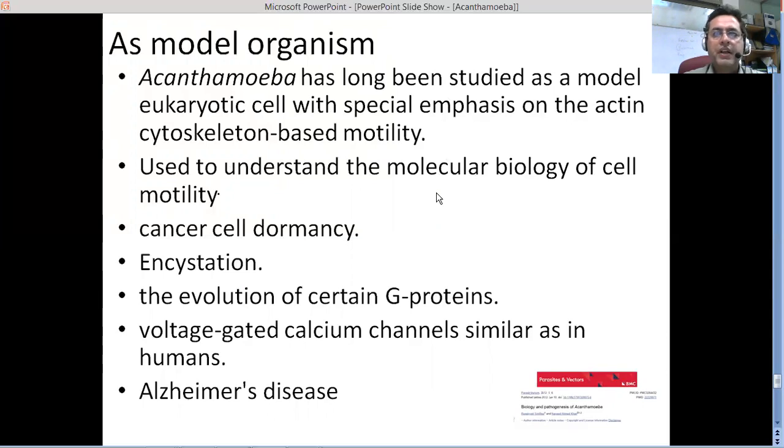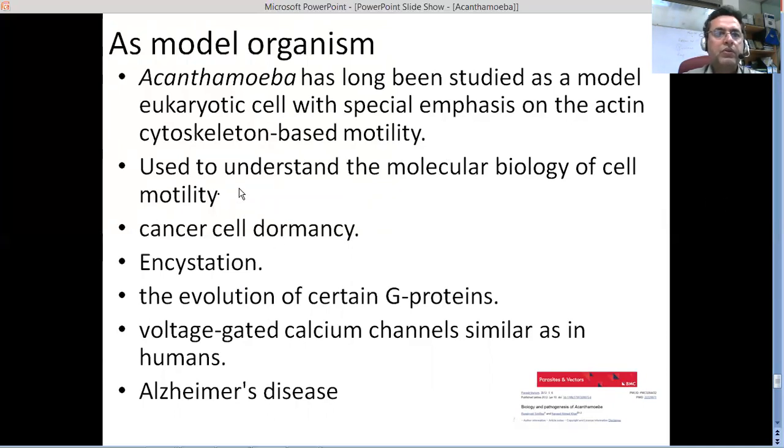It is used to understand the molecular biology of cell motility. At a deeper level, you can understand what kind of different molecules are involved in this process of motility. For instance, what kind of different proteins, what kind of neural proteins or immunogenic proteins are involved in this particular process. All this can be accomplished by using model organisms.